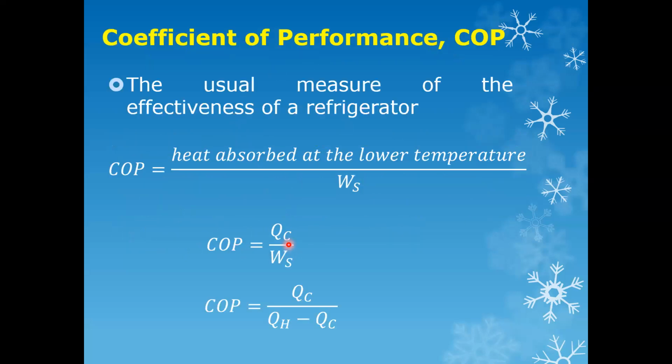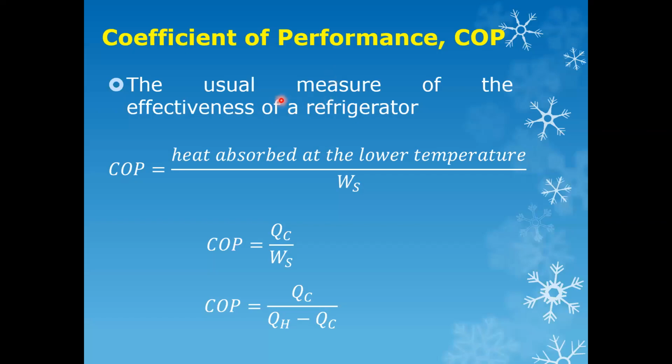So let's discuss what is the coefficient of performance. In our previous lecture, production of power from heat, our measure for performance was the efficiency, but now we call it the coefficient of performance. It measures the effectiveness of the refrigerator.